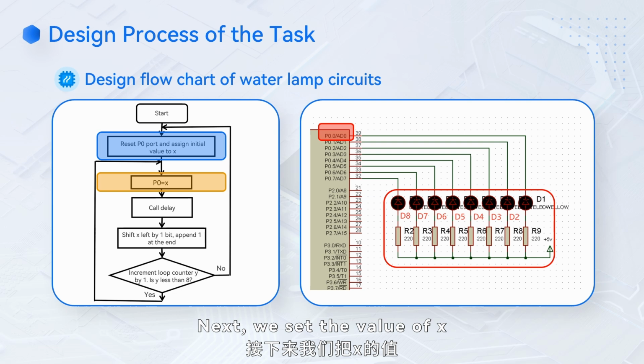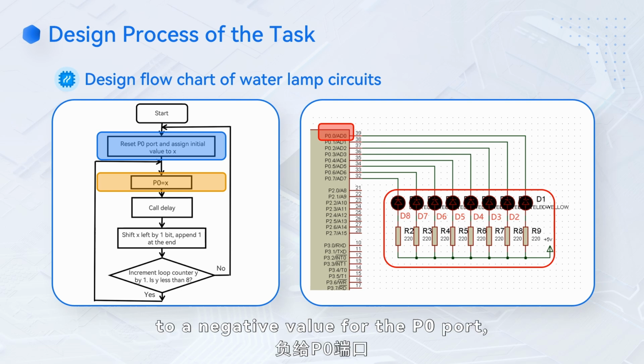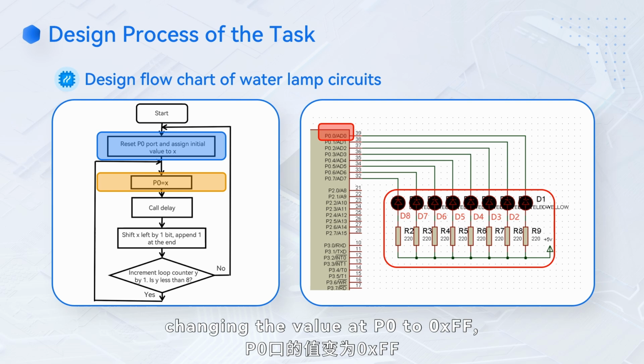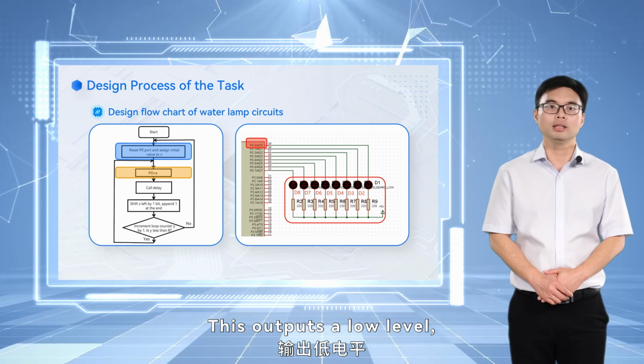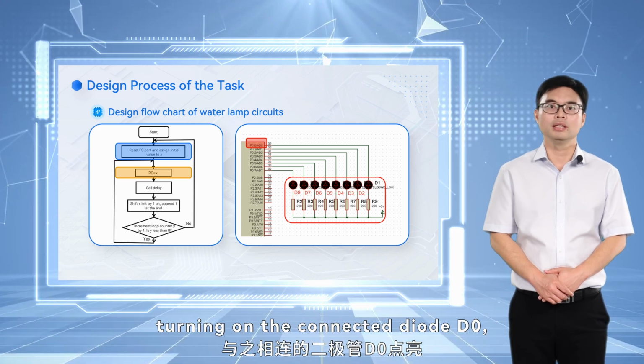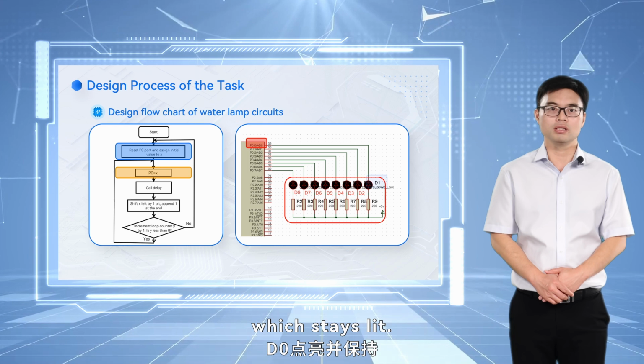Next, we set the value of P0 to x, changing the value at P0 to 0xFE, with the least significant bit of P0 being P0.0. This outputs a low level, turning on the connected diode D0, which stays lit.